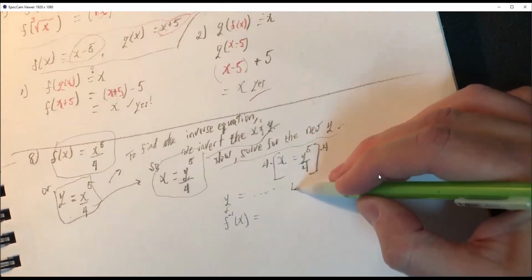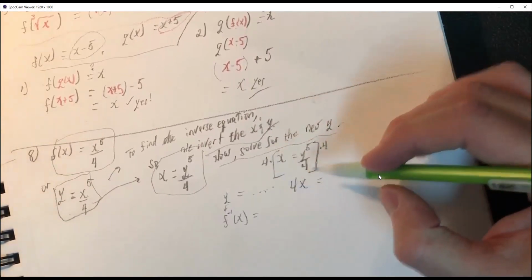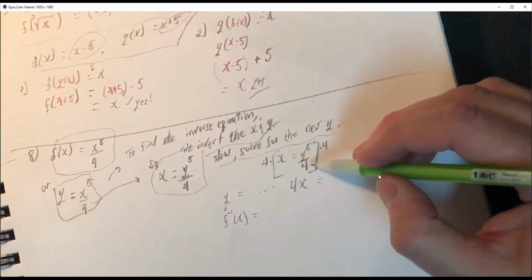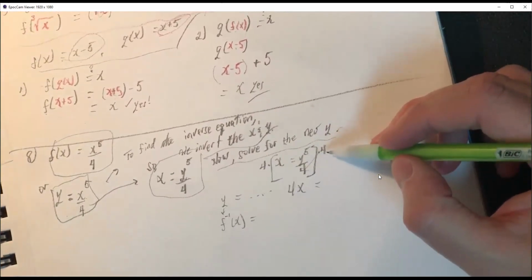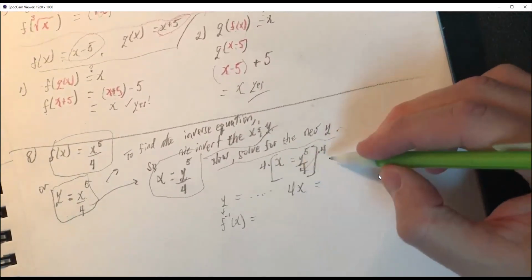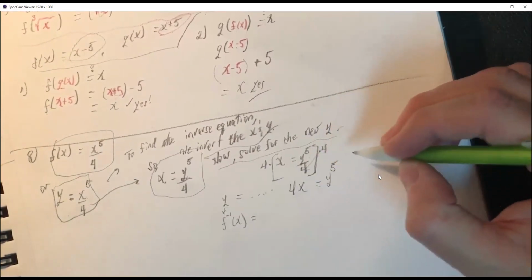So we get 4 times x, 4x. 4 divided by 4 is 1. That's why multiplication of 4 will get rid of the division of 4. 1 times y to the 5th is y to the 5th.